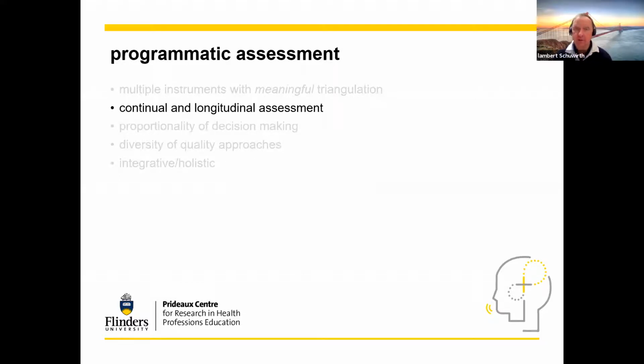In order for that to work, it has to be continual and longitudinal. It can't be your simple final examination. It has to be an ongoing process, because how else could you give feedback? So the student analyzes, the teacher analyzes, they bring together all that information, and they do it on a continual basis.